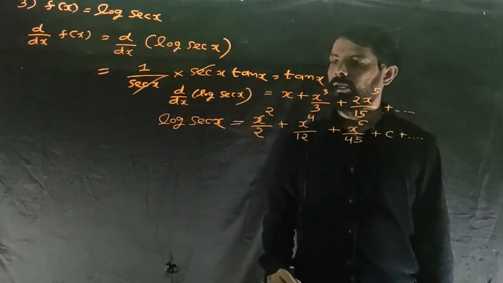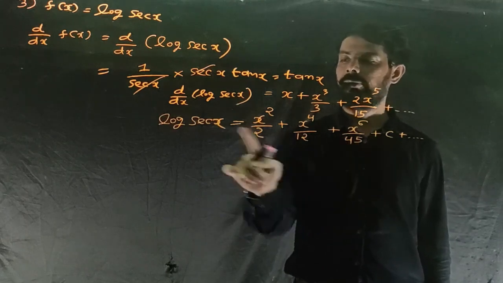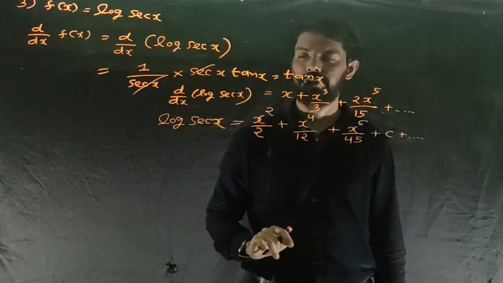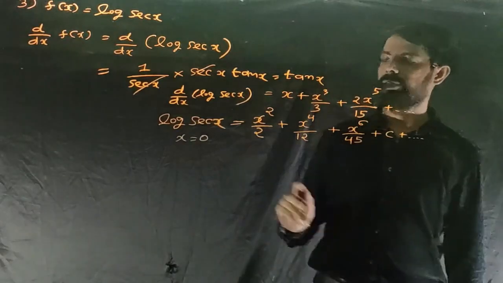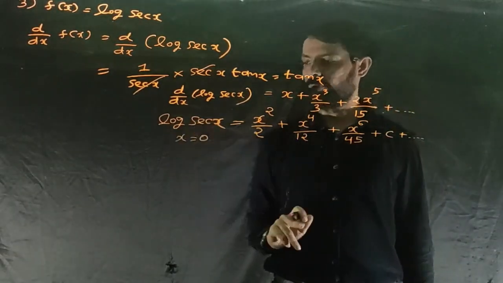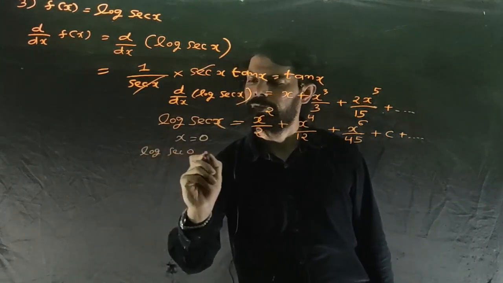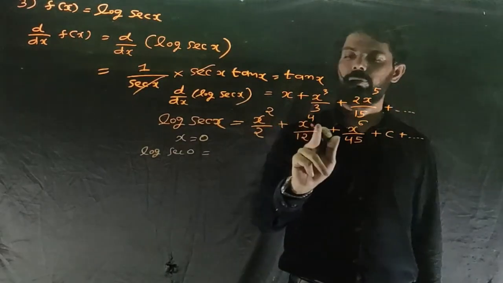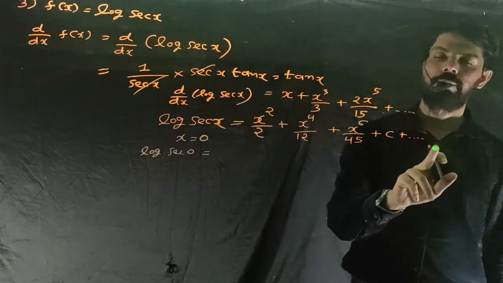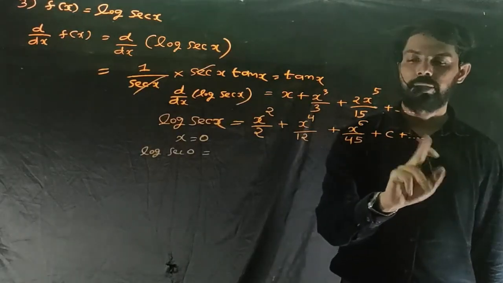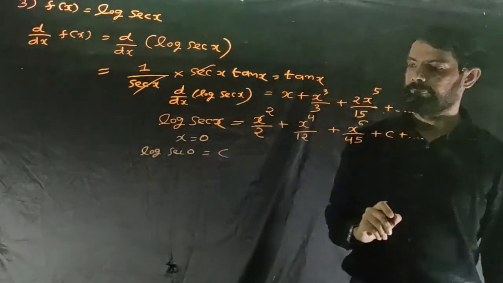Now we will have to find the value of this constant c. For that we will replace x by 0. If we replace x by 0, it will be log sec 0 on the left, and on the right all other terms will be 0 because all other terms contain x. So on the right-hand side we will have only c.